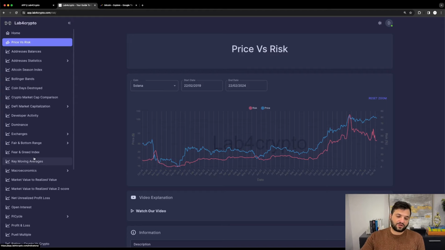And also the off-chain data, which is something that everybody uses from traditional finance, which is the price, the volatility, the volume, and all those metrics that are used in Forex, stocks, and whatever other asset class.